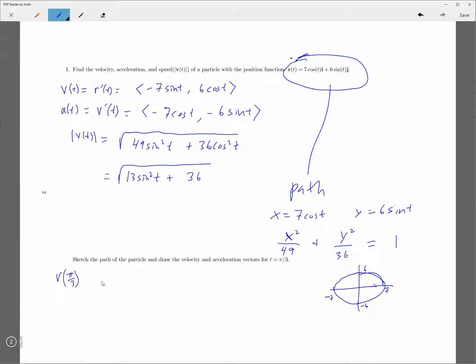So that means you're going to calculate what the velocity is. And pi/3 is this angle here. Now, if you have it like this, where the cosine is first and the sine is second, and they're both positive, then points on the ellipse are going to correspond to the angle.